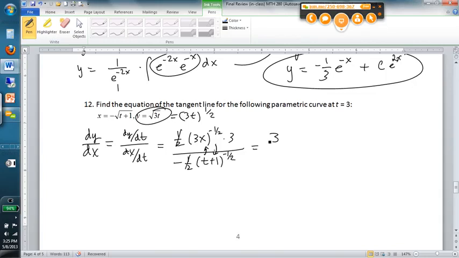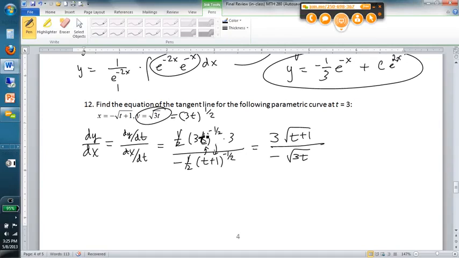So it'll be 3 times the square root of t plus 1 over negative the square root of 3t. I have an x there, that should be a t. Does that look okay? 3 square root of t plus 1 over negative square root of 3t is the derivative dy dx. Look okay? I do all that right before we go further and get messed up down the line.